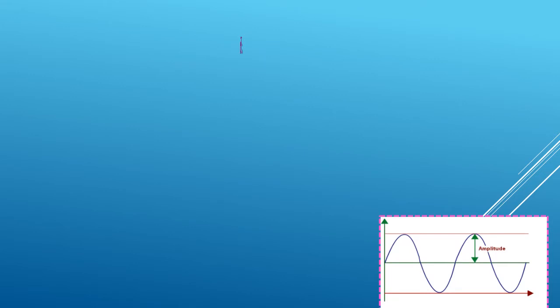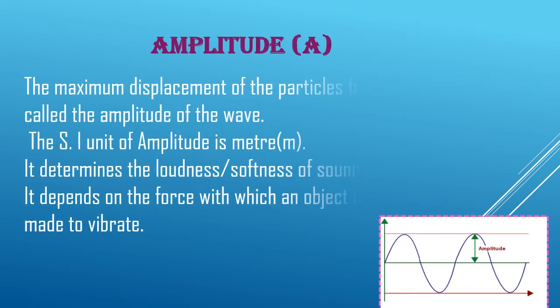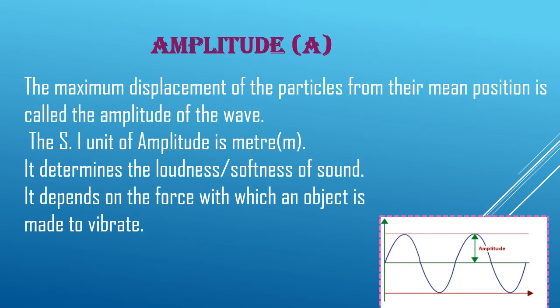Amplitude is noted by the capital letter A. So let us define amplitude. The maximum displacement of the particles from their mean position is called the amplitude of the wave. The SI unit of amplitude is meter. Amplitude determines the loudness or softness of sound.